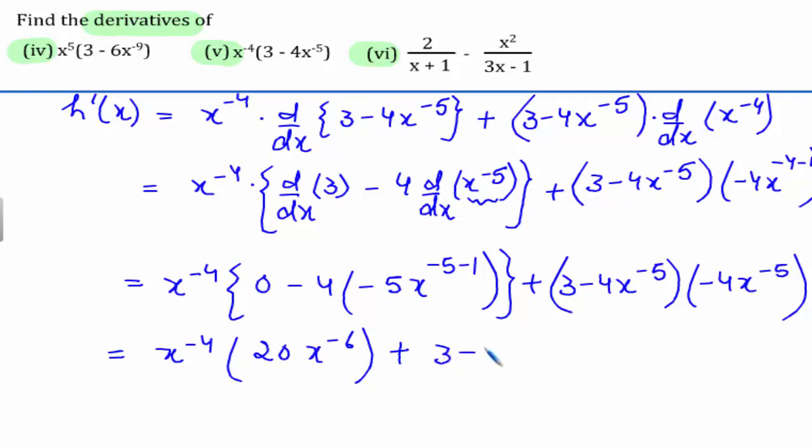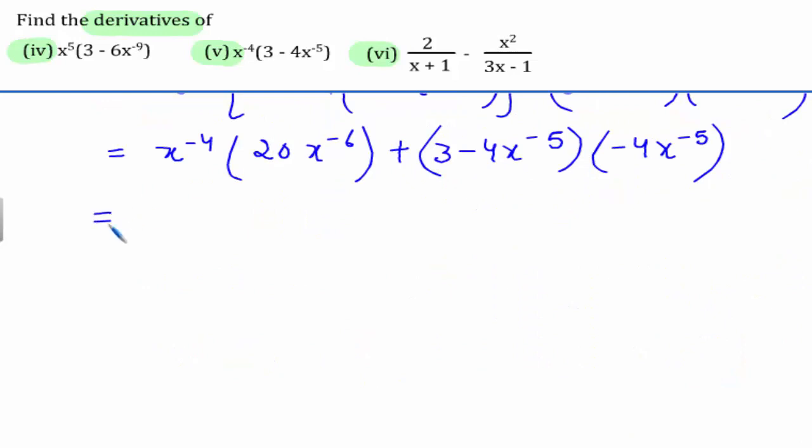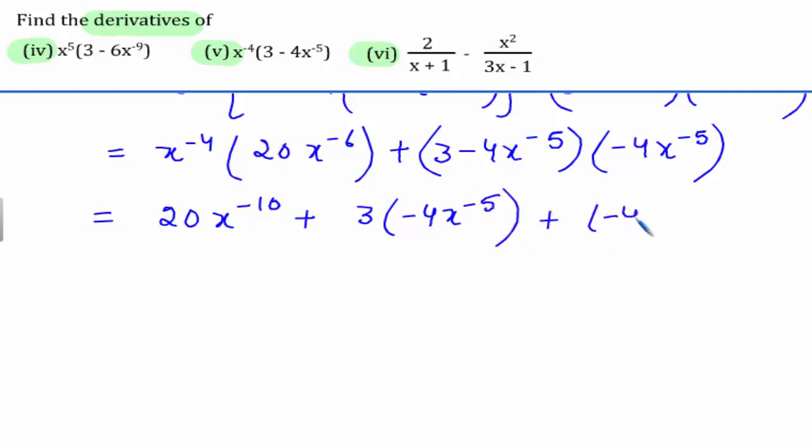This is further equal to 20 x raised to the power minus 10. We will get minus 10 on adding minus 4 and minus 6, plus 3 into minus 4 x raised to the power minus 5, plus minus 4x raised to the power minus 5 into minus 4x raised to the power minus 5, and this is equal to 20x raised to the power minus 10 minus 12x raised to the power minus 5.